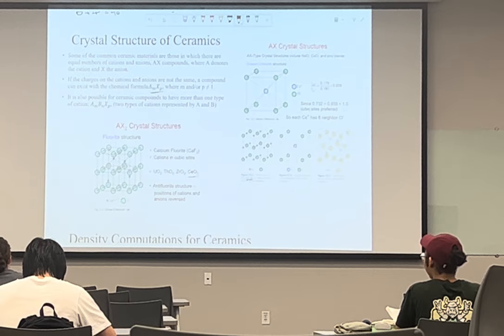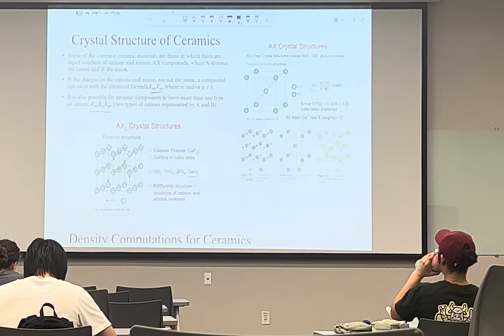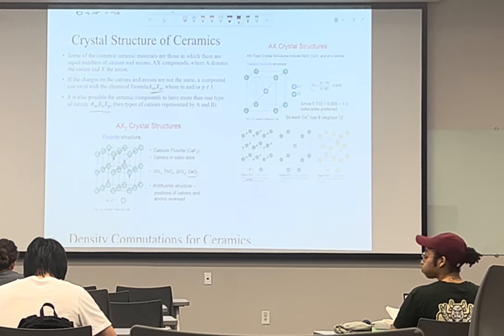Also we can have more than one type of cation, so we basically add another letter, which is B, shown in general with B.